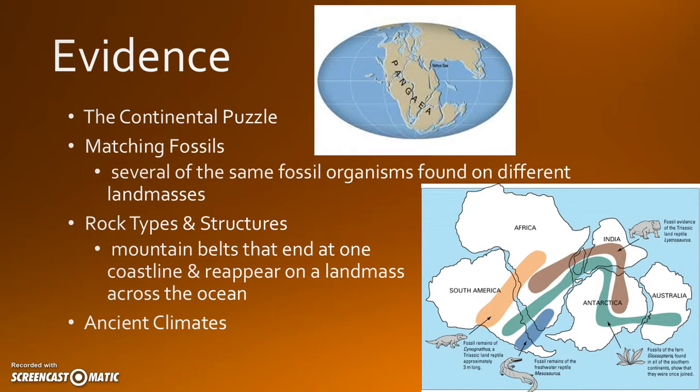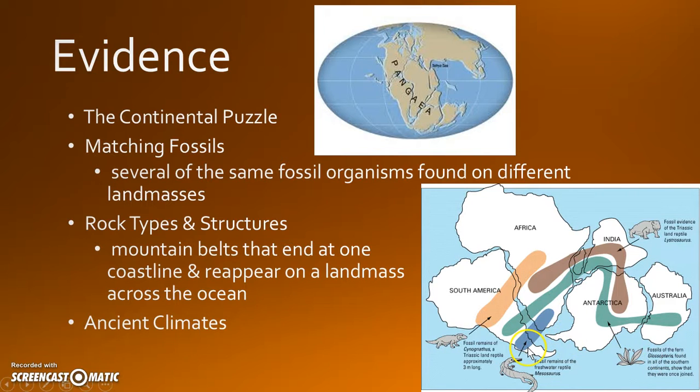You can see from the image at the bottom, those are our matching fossils. If you look here, this is one that spans from South America to Africa. The Triassic period had a fossil that spanned Antarctica, India, and Africa. The one that spans all of them is actually a fern.